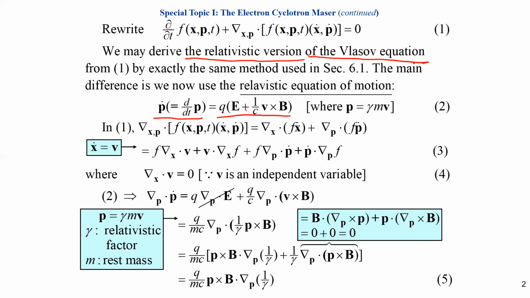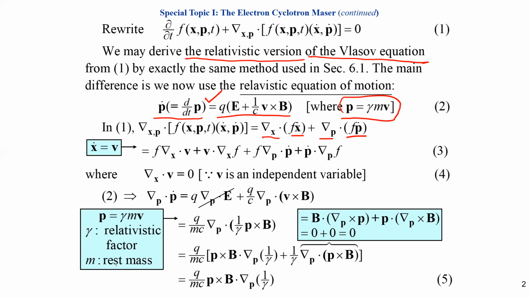Lorentz force is still the same, but here we change to this form. P is gamma m v. Okay, so in 1 here, change to divergence of these two. In short, we can rewrite this one. P is gamma m v as shown here. Gamma is the relativistic factor.